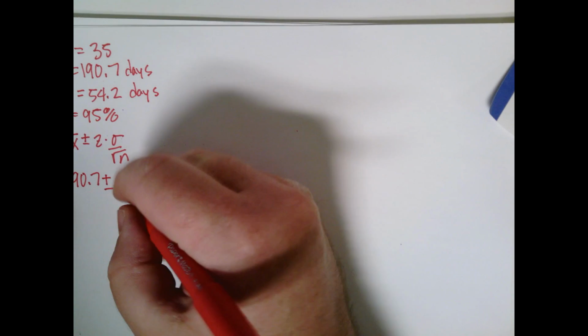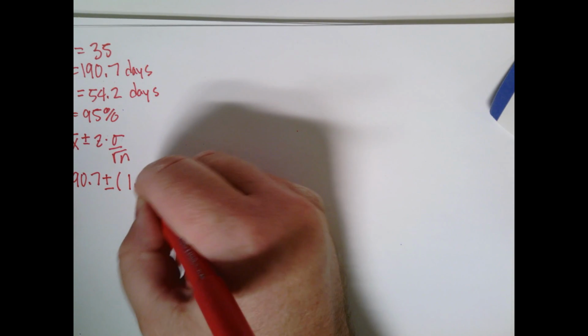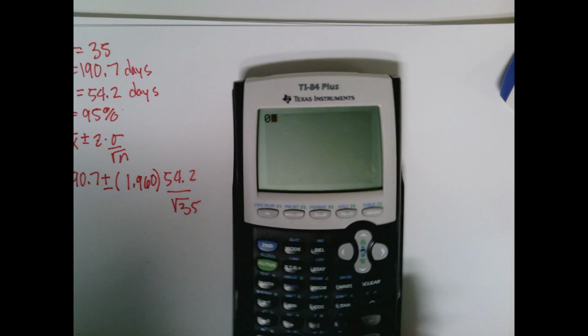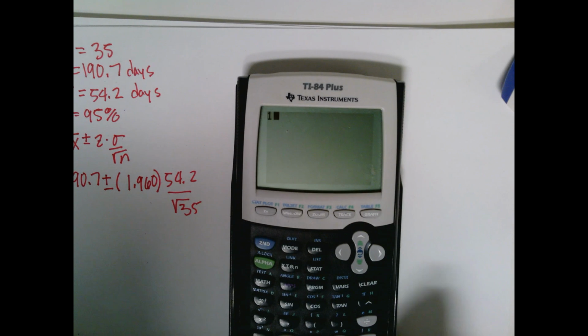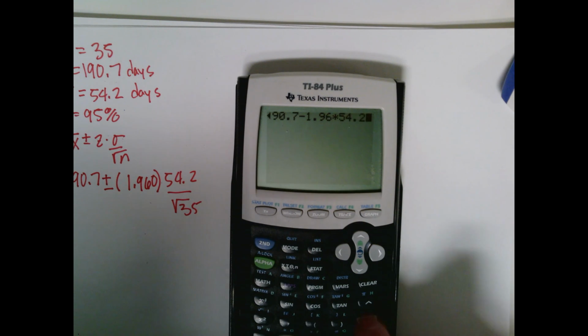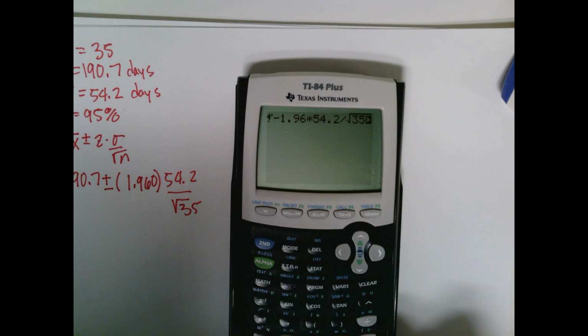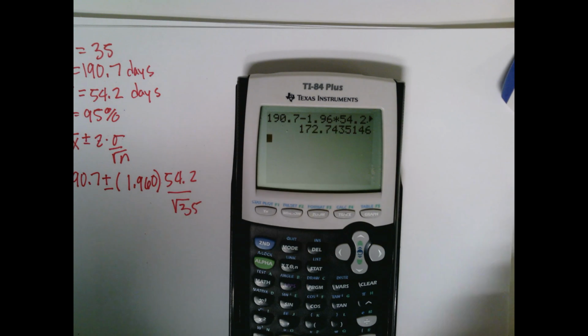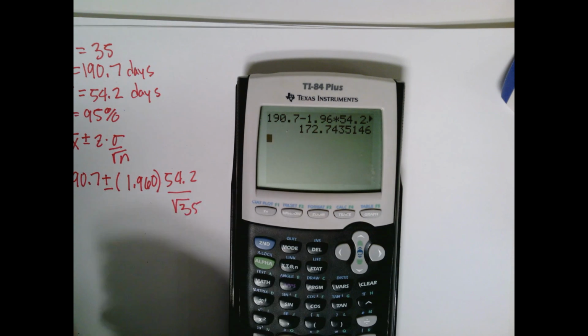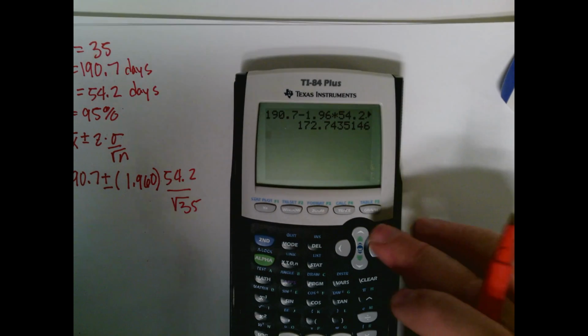So I plug that in my parentheses, get out the old calculator, and we have 190.7 minus 1.96 times 54.2 divided by the square root of 35, and I get 172. I don't write it down yet. I'm going to do the other one.